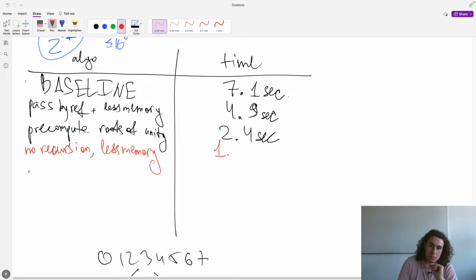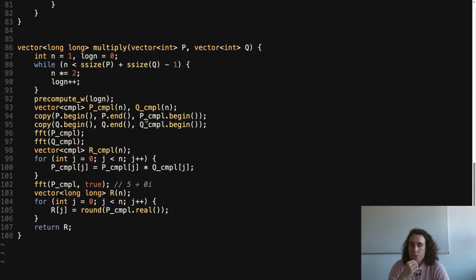Now this code takes 1.35 seconds, so almost another improvement by a factor of 2. We're going to make one little improvement more, and then we're going to have an improvement of a factor of 2 over the recursive version. To do that, we're just going to use our own complex numbers.